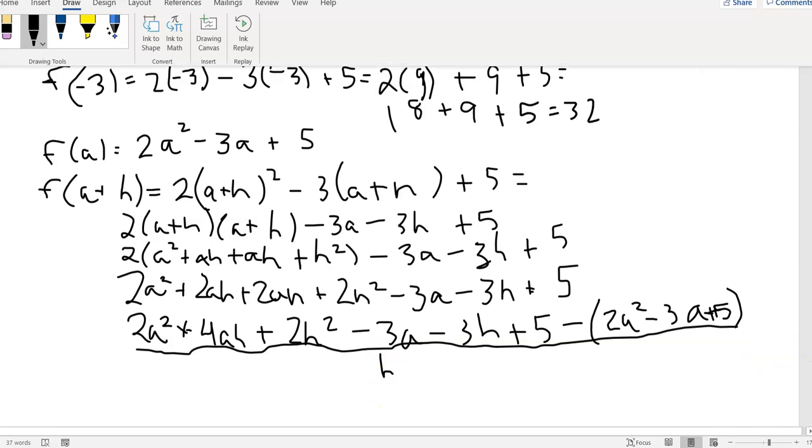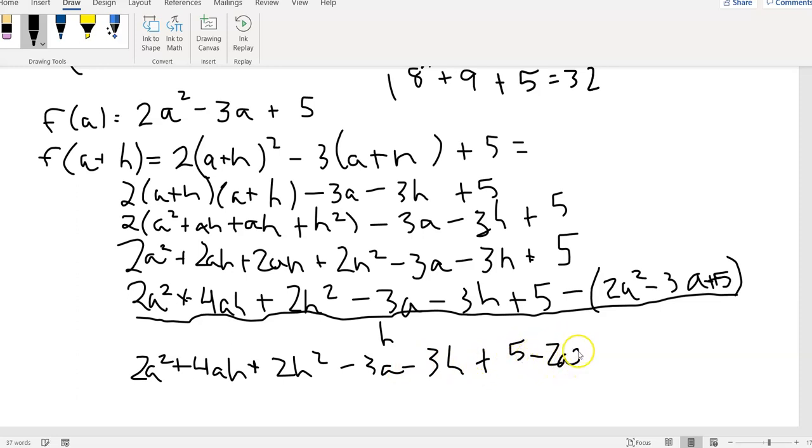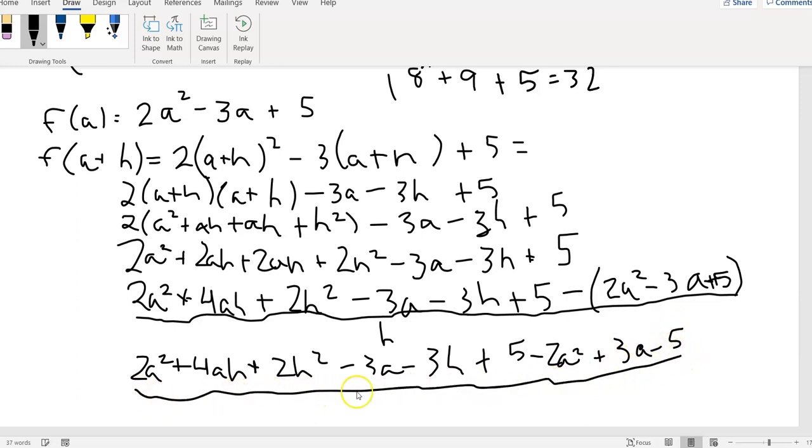All right, now let's distribute the minus sign through the parentheses. So 2a squared plus 4ah, all of this is going to stay the same. And we get negative 2a squared, positive 3a, and minus 5. All of that's over h.